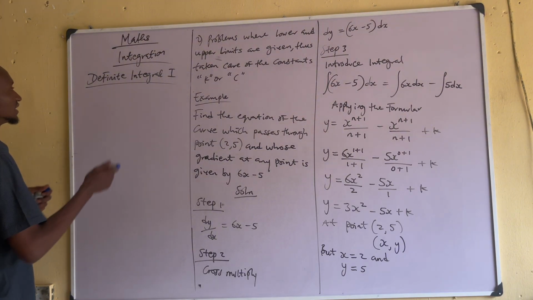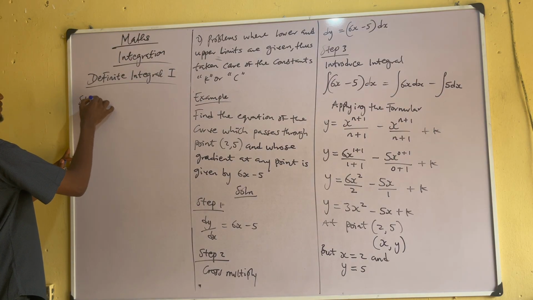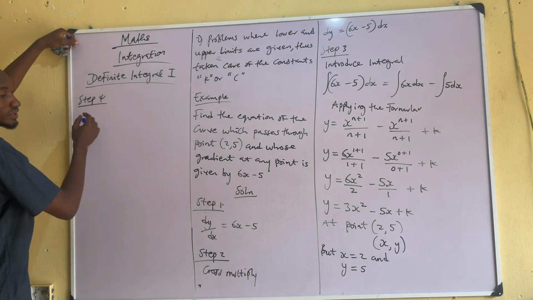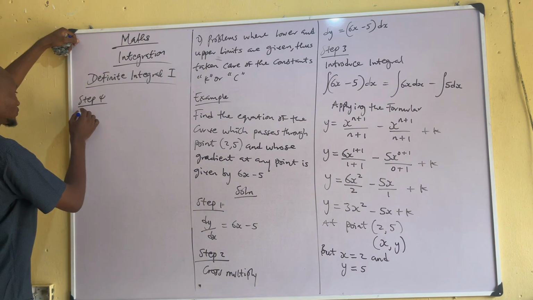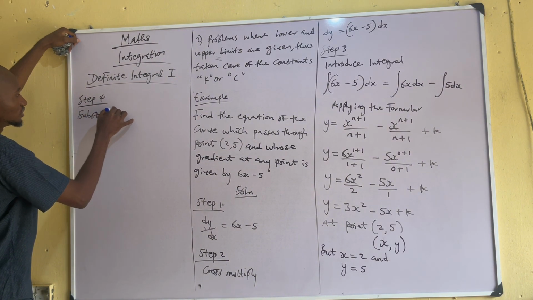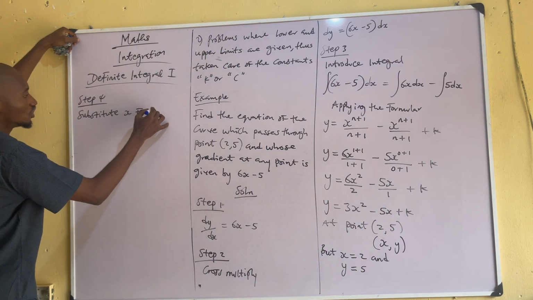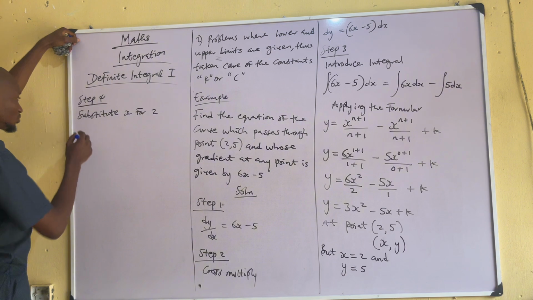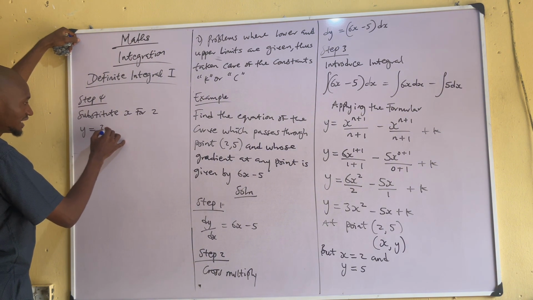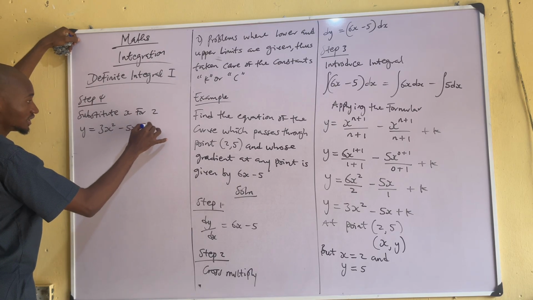Step 4. What do you do? Substitute x for 2 and y for 5. We have y is equal to 3x squared minus 5x plus k.